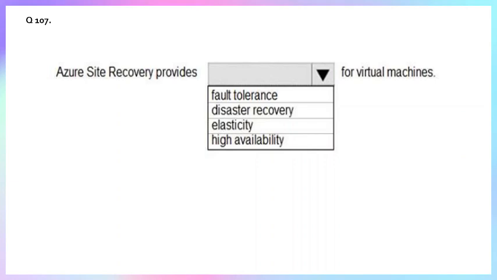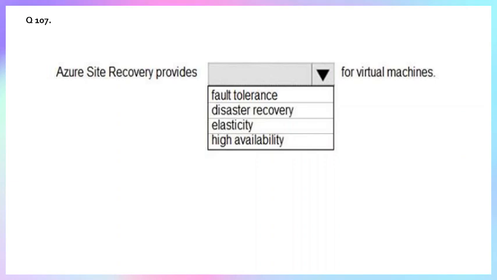If the primary site goes down due to an outage or disaster, you can fail over to the secondary site, ensuring business continuity. Fault tolerance usually refers to hardware or software systems designed to continue working even after a failure. That is fault tolerance.